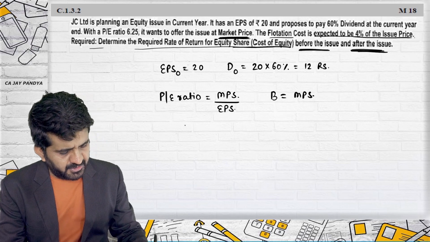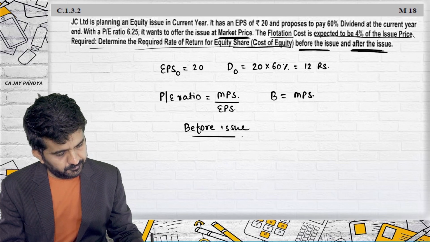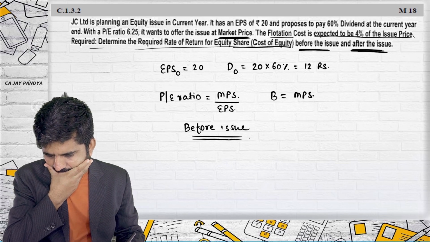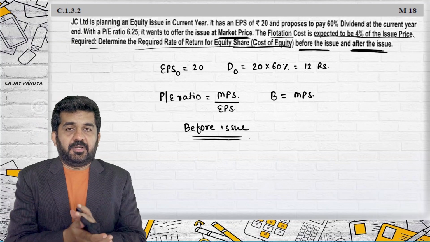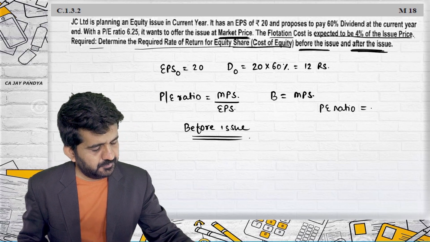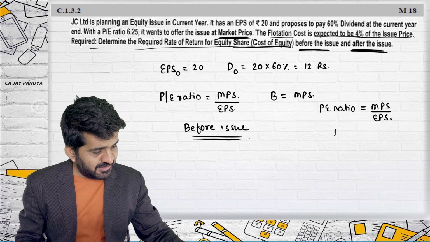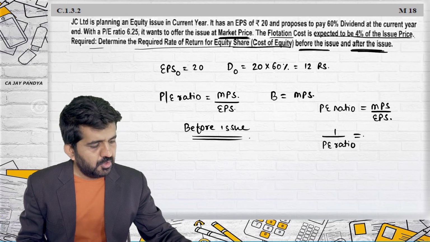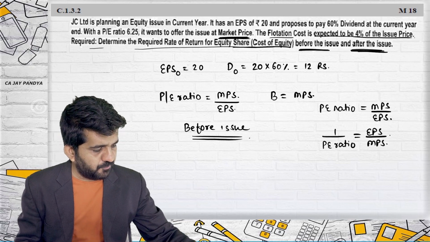Try to concentrate. First, I am doing something before the issue. All right. See, PE ratio is MPS upon EPS. So if you take the reciprocal, 1 upon PE ratio will be equal to EPS upon MPS. This looks familiar.